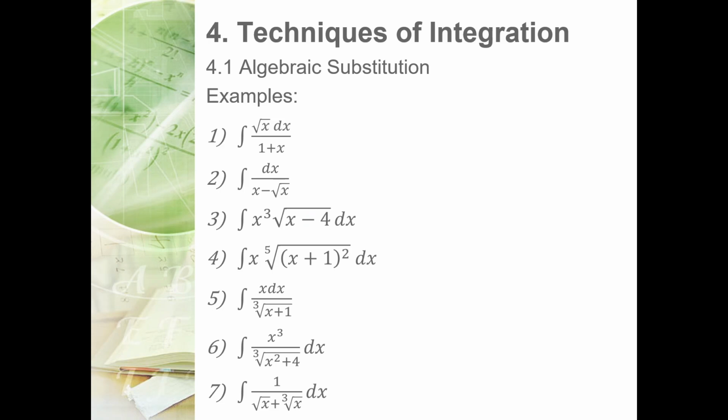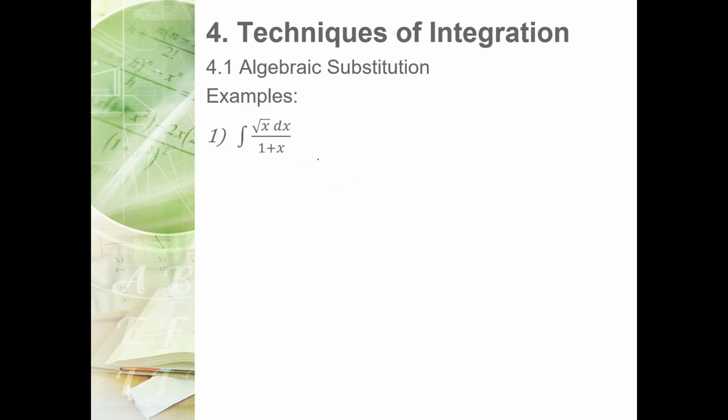Okay, so let's start with the first example. You have the integral of the square root of x dx all over 1 plus x. So again, if we're going to try U sub, for example, u is equal to square root of x.